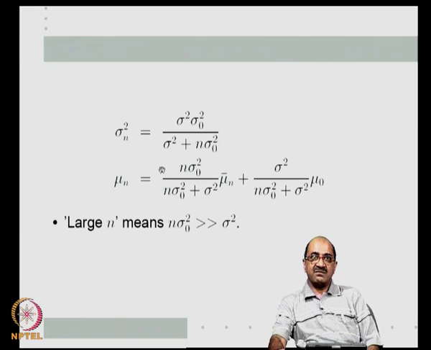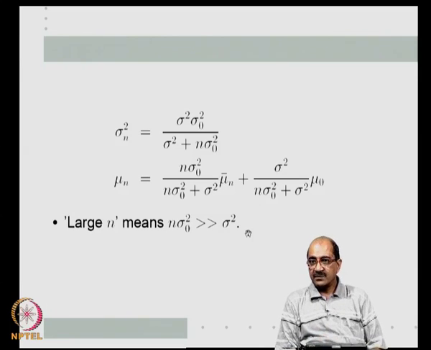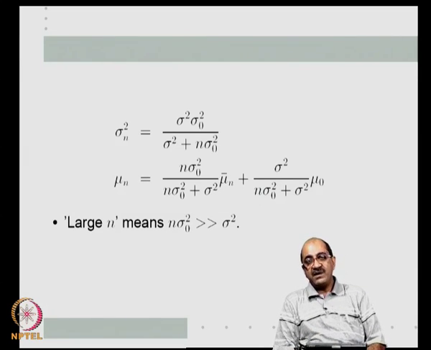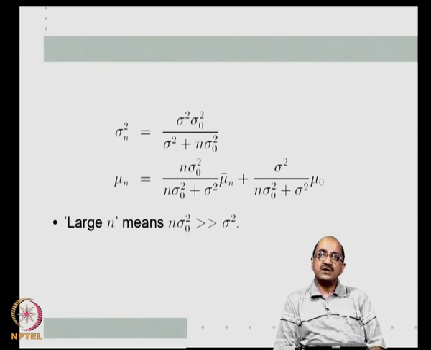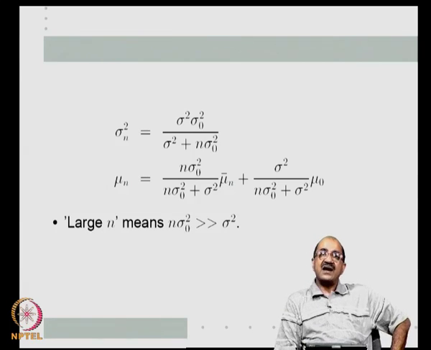Essentially, mu n becomes approximately equal to the sample mean when n sigma 0 square is much larger than sigma square. How large n should be for this to happen depends on sigma 0. If sigma 0 is small, n has to be very large to achieve this. If sigma 0 itself is large, then n does not have to be too large.